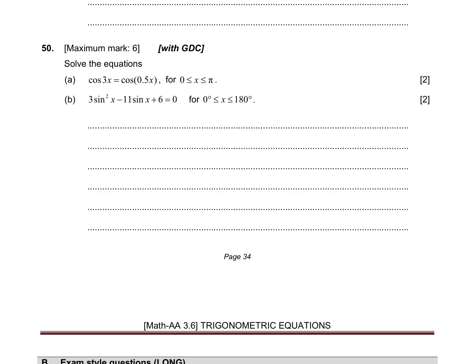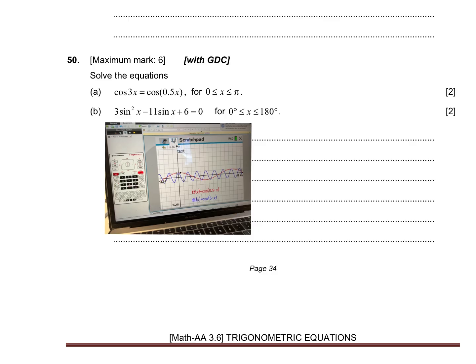All right, so solve the equations with graphing calculator. So we're just going to do a graph. For here, I put in cosine 3x into the first function, the blue one, and cosine 0.5x into the red one. Make sure it's in radians. And then from 0 to pi, so you can change your window settings from 0 to pi.